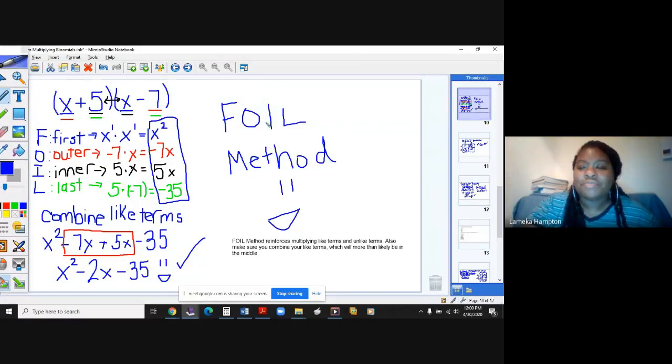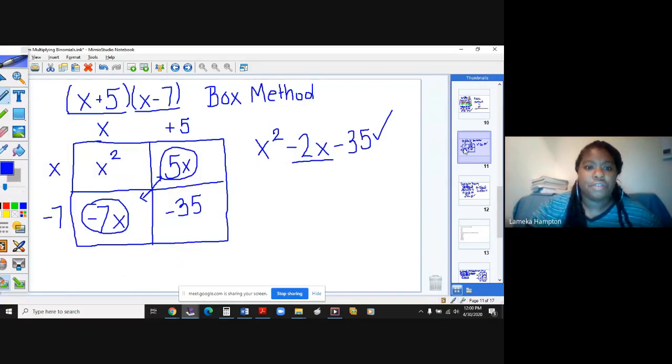So if you notice with the box method, it's cleaner. Everything is nice and organized, and I still came up with the same answer. No biggie, no problem.